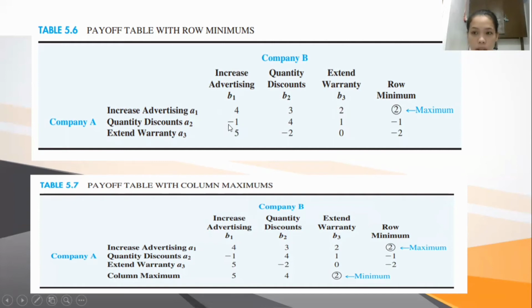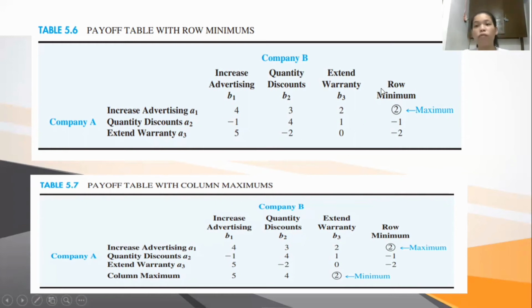In A2, the second row, the minimum value is -1. And in A3, the third row, the minimum value is -2.